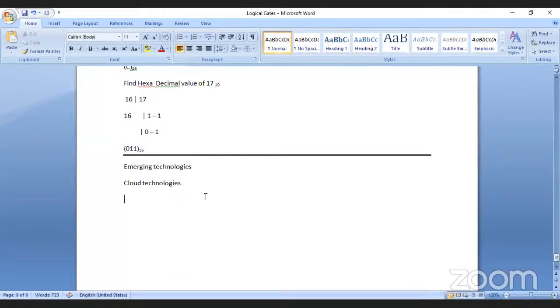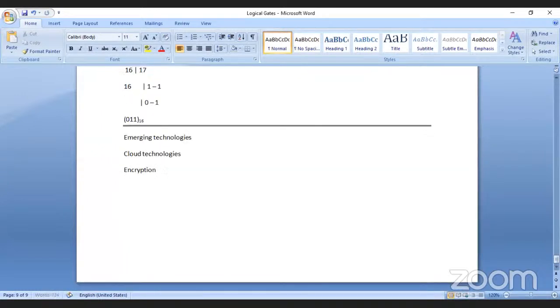Okay, so we need to understand these terms. Basically this comes under cryptography. So what do you mean by cryptography?